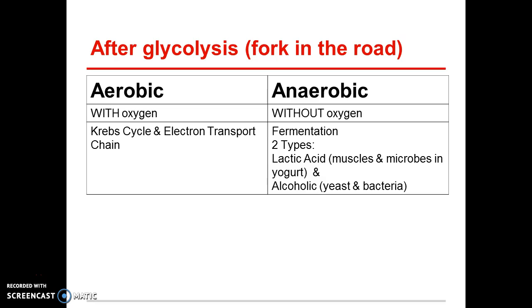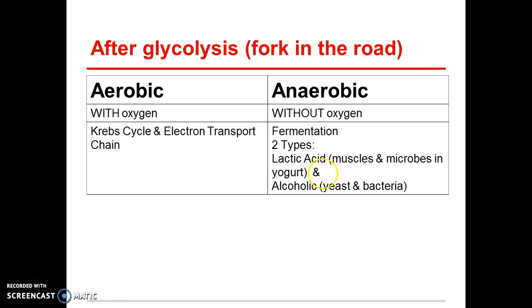Microbes in yogurt will also go through this process without oxygen, so fermentation is without oxygen, and it's a form of anaerobic respiration. Alcohol is made by anaerobic fermentation. Yeast and bacteria will break down the juices or the materials, the sugars, and produce alcohol. And that's how that works.